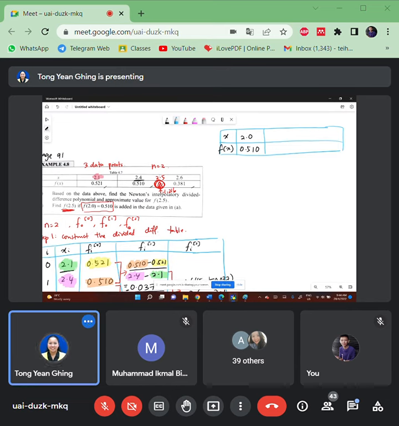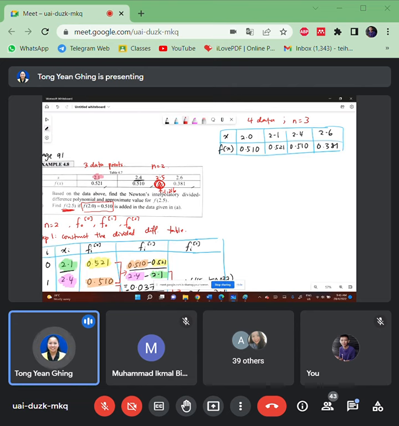And then 2.1, 0.521, 2.4, 0.416. Now we have 4 data point kan? 4 data point, that means our n is 3.